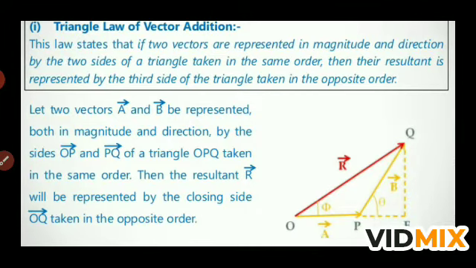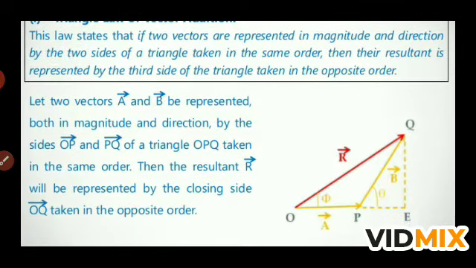In the figure, OP is vector A and PQ is vector B. Taking them in order means the tail of B is on the arrow of A. To find the resultant we change the order, joining from the tail of A to the arrow of B to get OQ. OQ is the resultant.